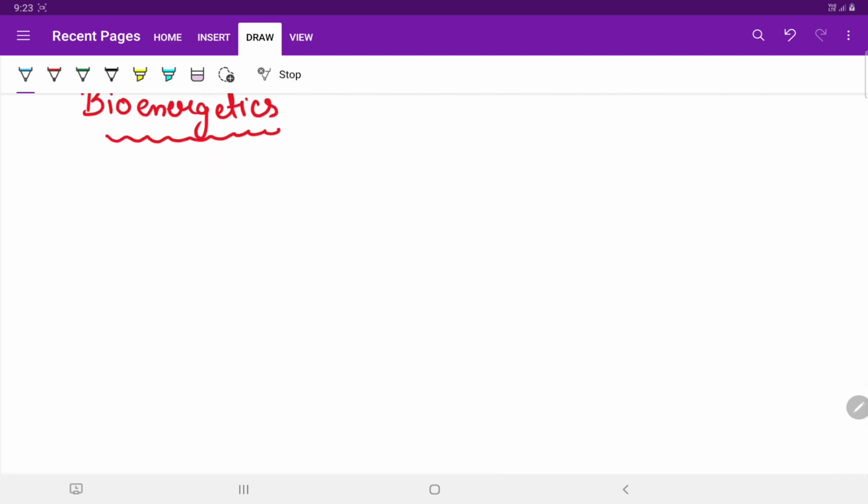So the first reaction that is occurring is formation of alpha ketoglutarate from isocitrate in presence of enzyme isocitrate dehydrogenase. So we shall be writing the reaction how isocitrate is converted into alpha ketoglutarate.